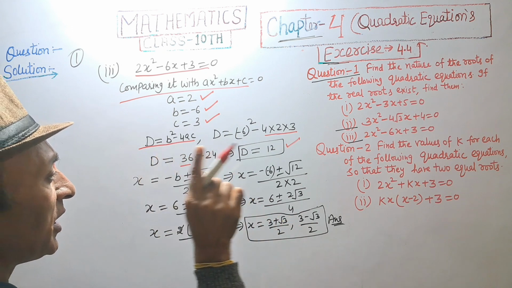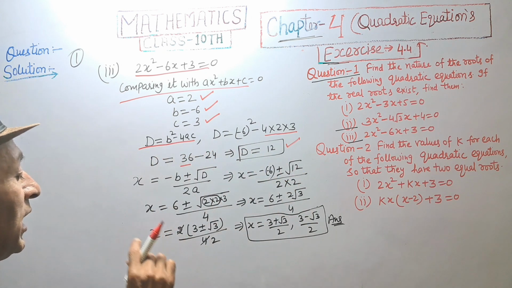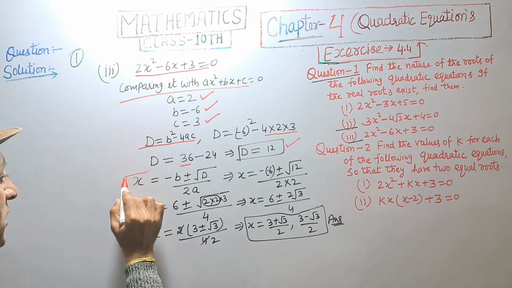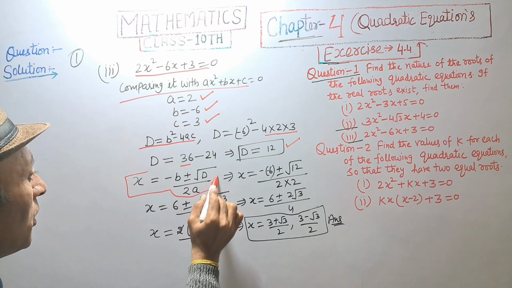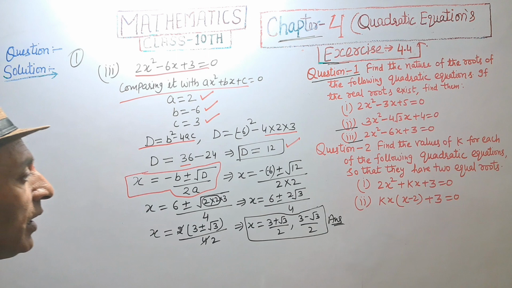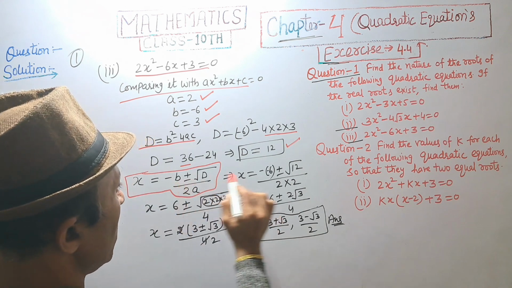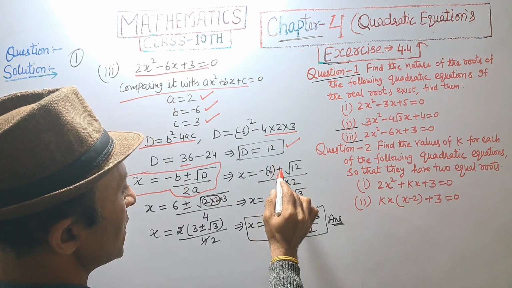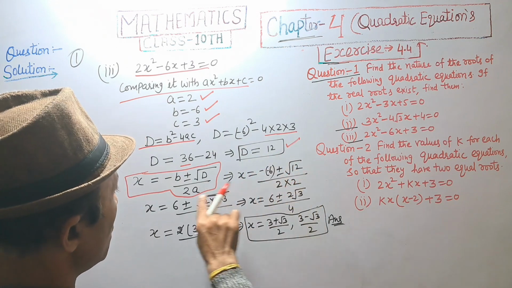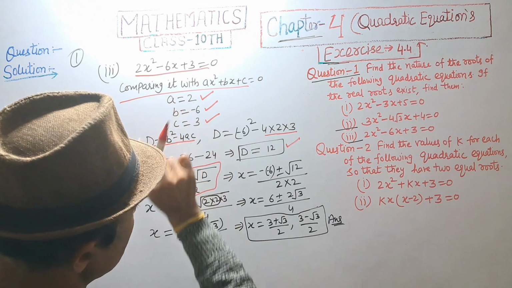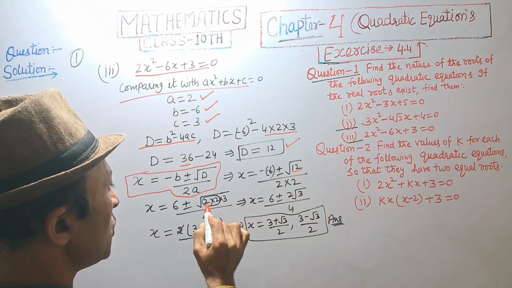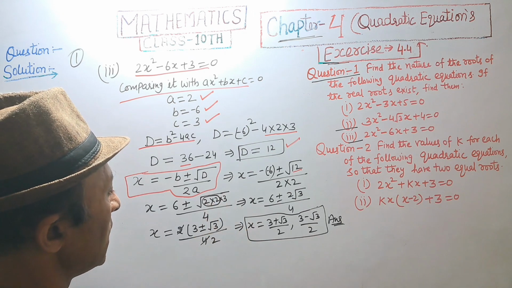If discriminant is positive, then real roots exist, and x is equal to minus b plus minus root D upon 2a. x equal to minus b is minus 6 plus minus root D, we get 12, upon 2 into a is 2. Prime factorization of 12 equal to 2 into 2 into 3.